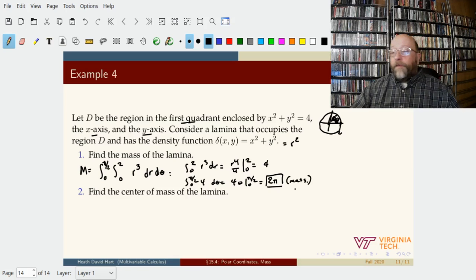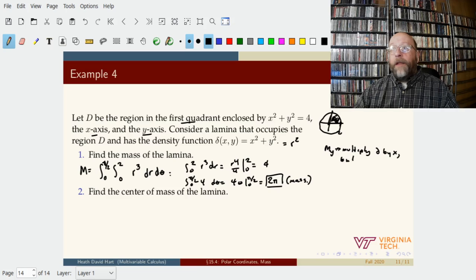To find the center of mass for this lamina, we're going to have to integrate this again to find the two moments. Now this is a little tricky because to find My, we have to multiply the density by x.